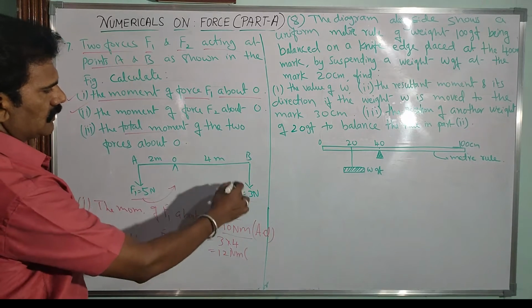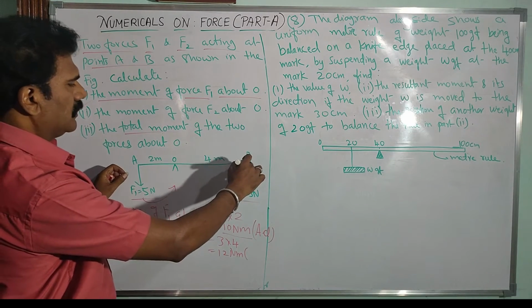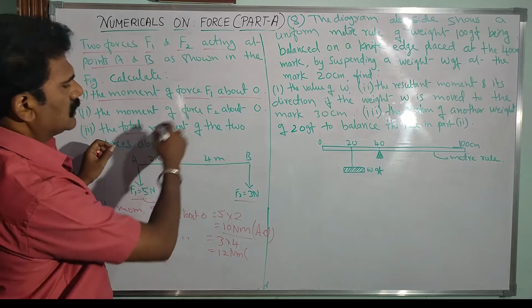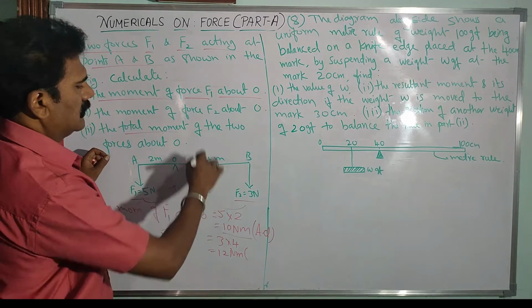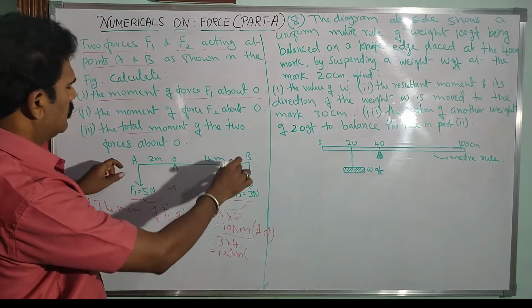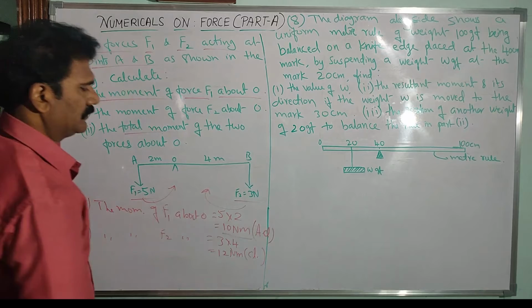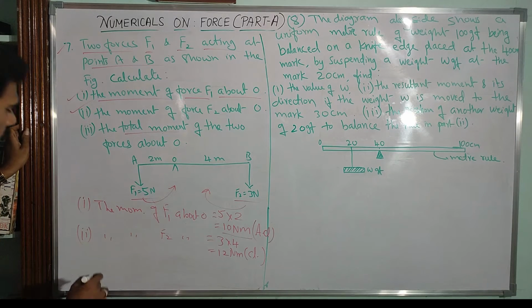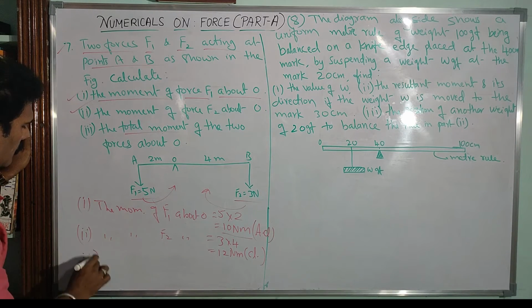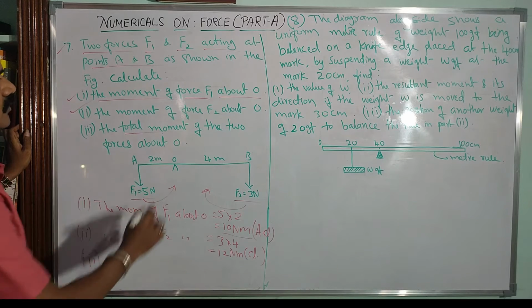This force tries to rotate the beam in the clockwise direction, like this, so this is considered as clockwise movement. Now in the third part we need to calculate the total moment.